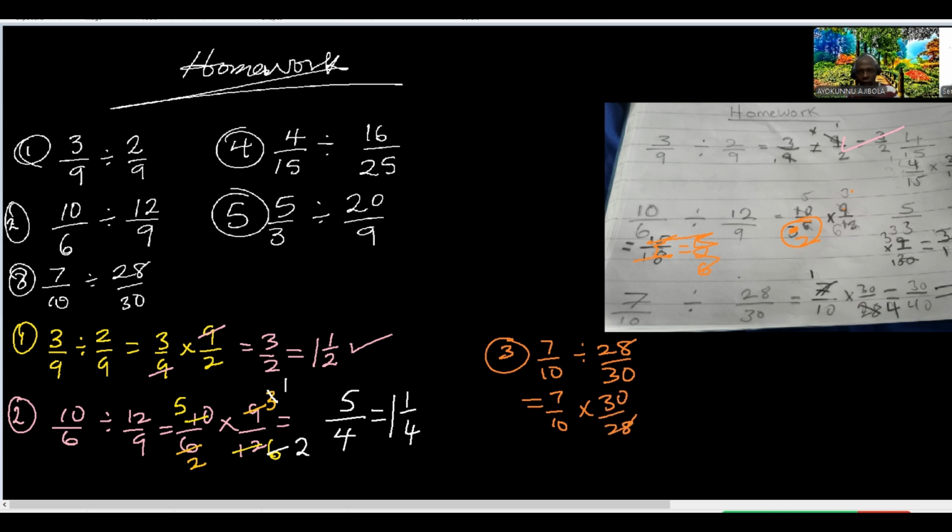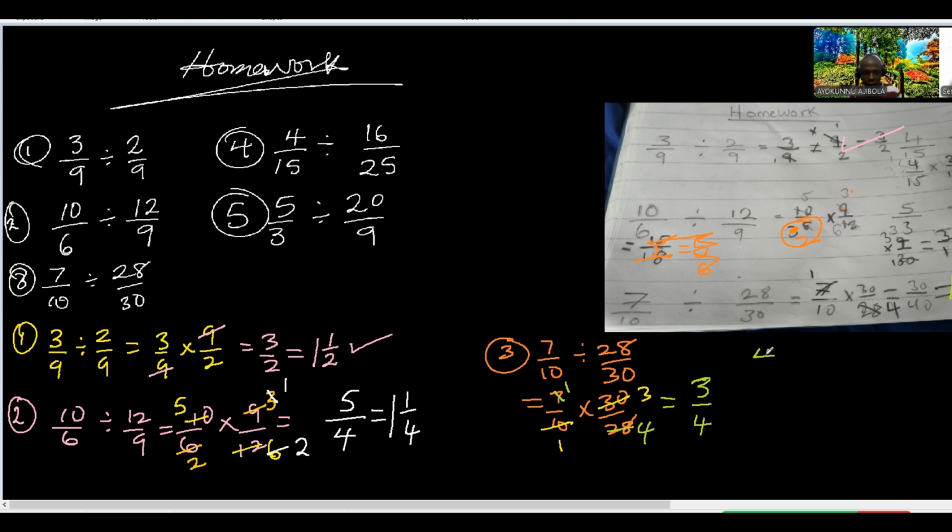So 10 can divide 30. 10 here, 1, 10 here, 3. And 7 can divide 28, right? 7 here, 1, 7 here, 4. So we have 3 times 1, that's 3, and 1 times 4, that's 4. Okay? So your answer is correct to this one.